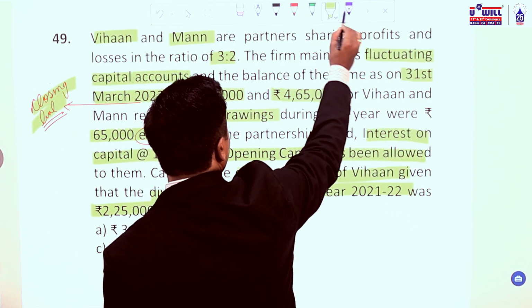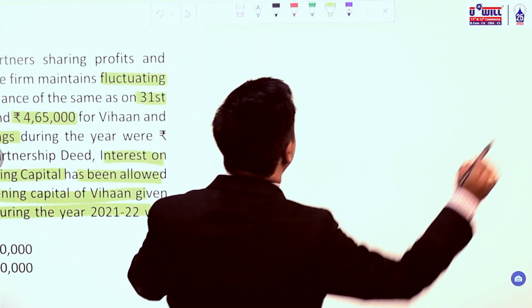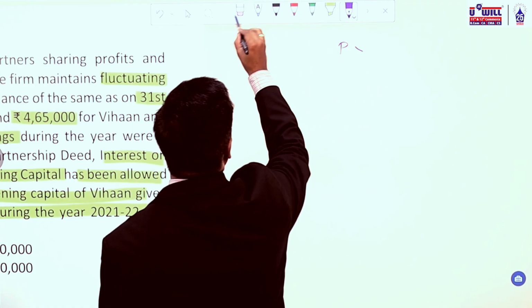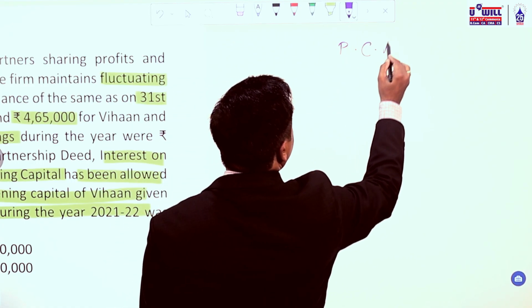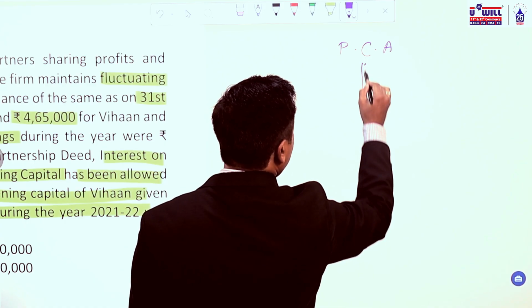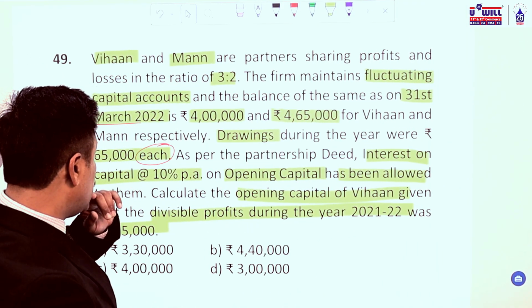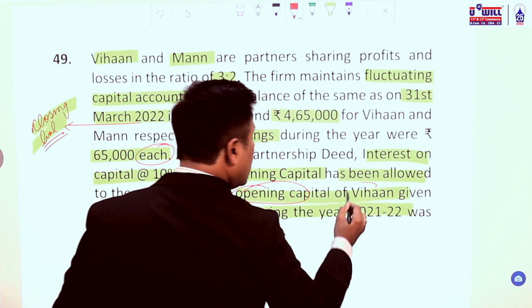So what will we do over here? We'll make a rough partners capital account to find the opening balance. Debit side things will get added, credit side things will get subtracted. But what are you asked in the question? The opening capital of only Vihan.